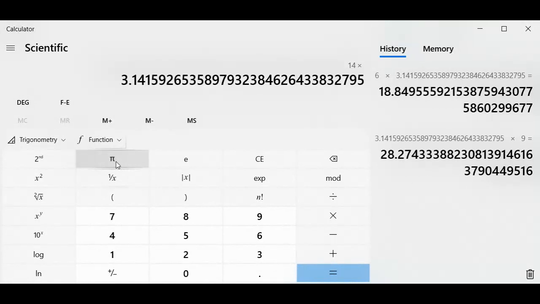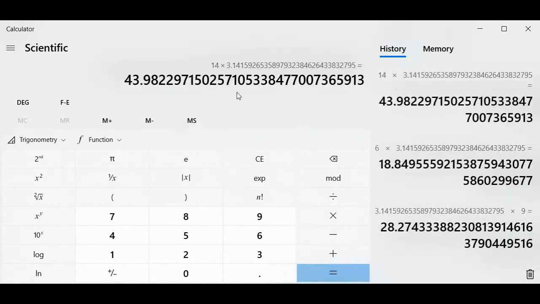When you type pi, your calculator might show pi to so many decimal places, but that's not the answer, of course. You want to press the equal sign, and then we get this number. Again, I said to round to 2 decimal places, so I'm going to use more than 2. That's what I did on the slide.